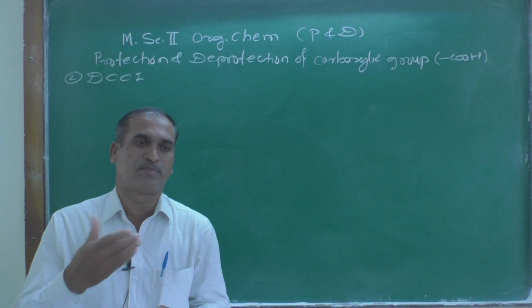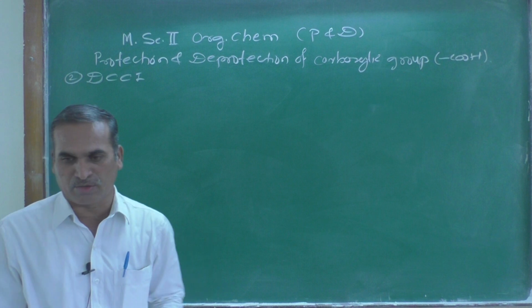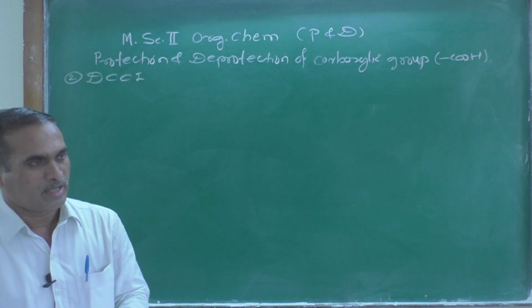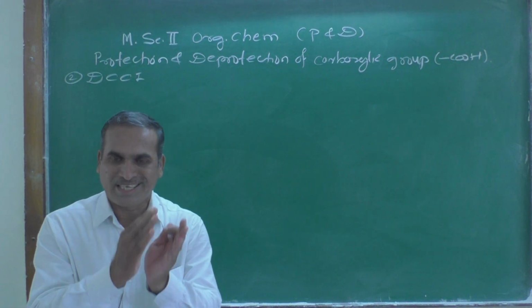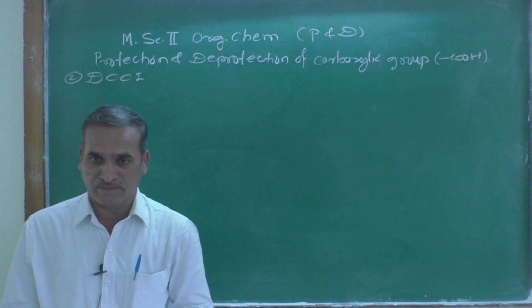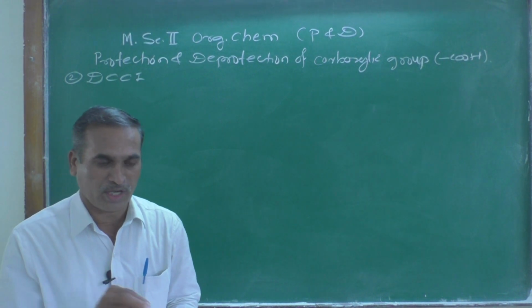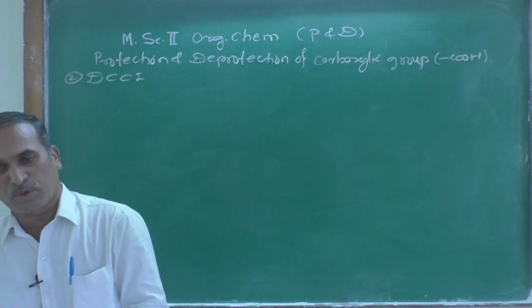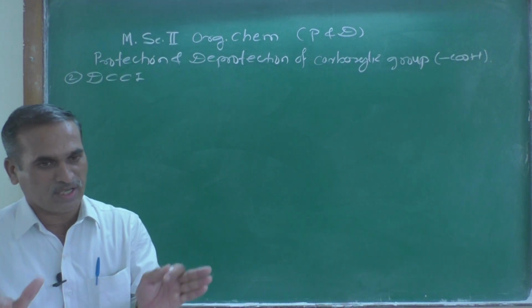These are some of the groups which can be used to protect the carboxylic group, and they are introduced under acidic condition and easily removed under acidic condition. Means the introduction of the protecting group in acidic condition as well as deprotection under acidic condition, that we have seen yesterday.